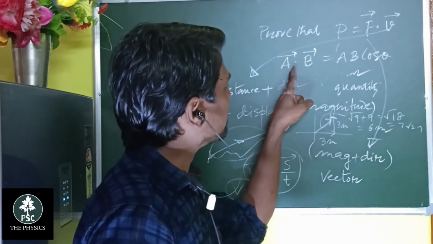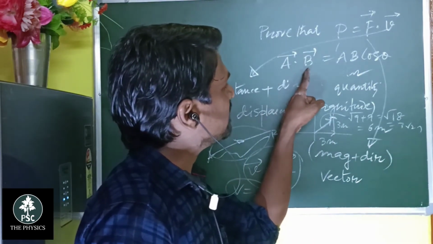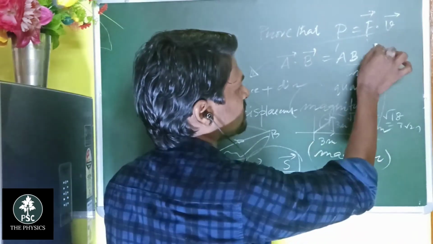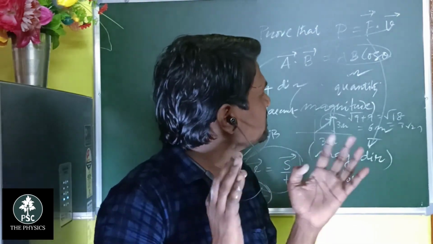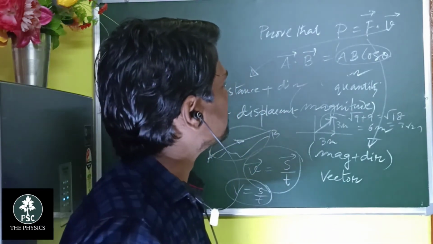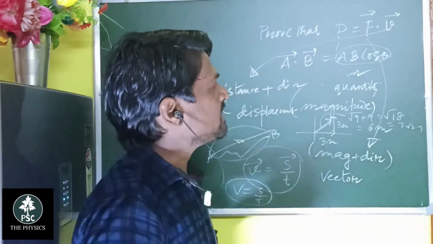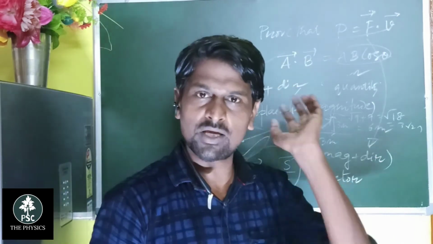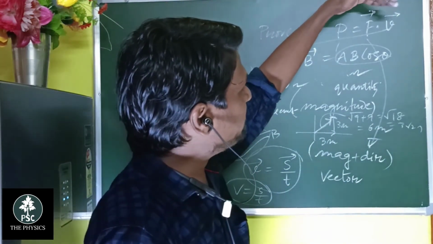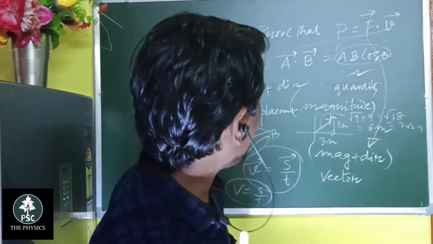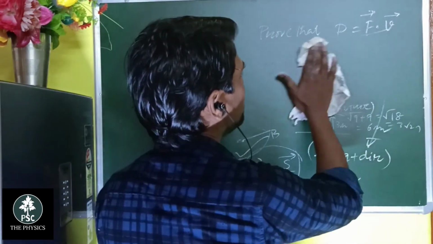So when we take the dot product of two vectors, then we get a scalar, that is AB cos theta. Just memorize this one. So vector A dot vector B equals AB cos theta. Okay. So P equals vector F dot vector V. You have to prove that one. What is?